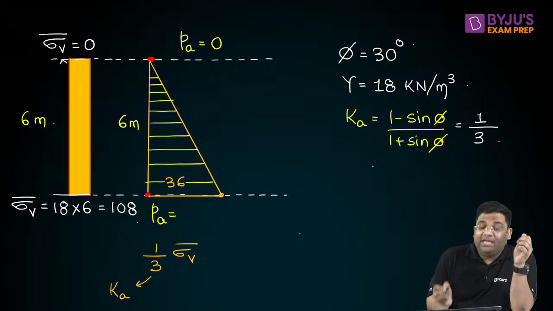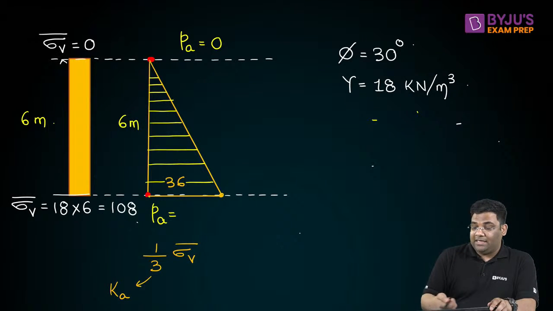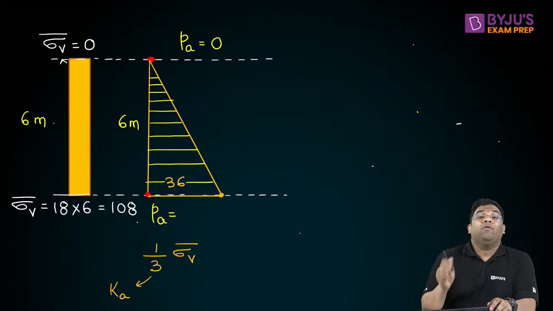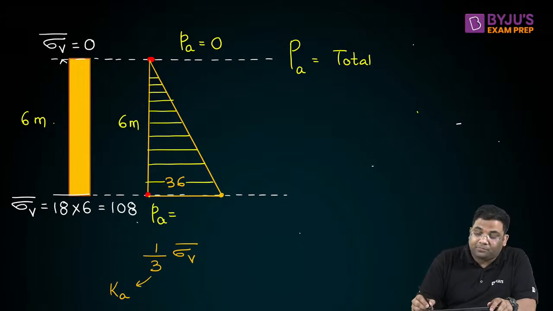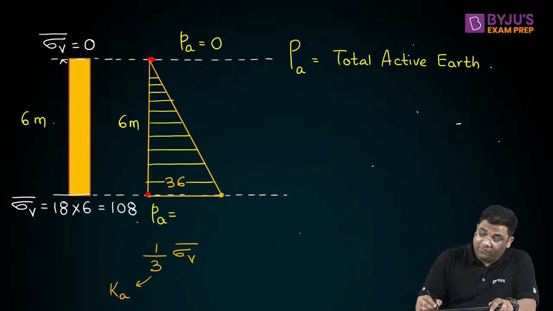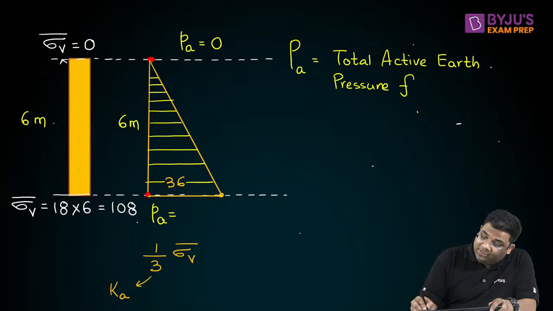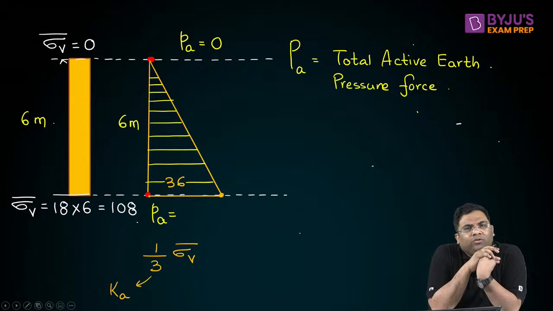Yes. So if I am interested to find out the total active earth pressure force, suppose capital PA. Now we know that if we have a stress distribution, the area will give me total force, right?